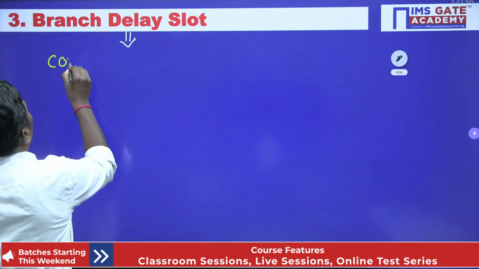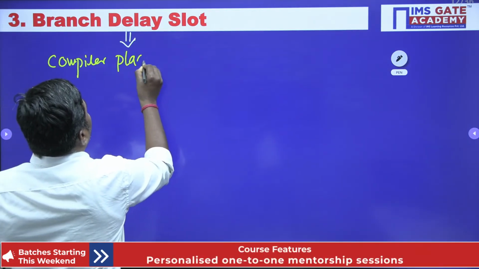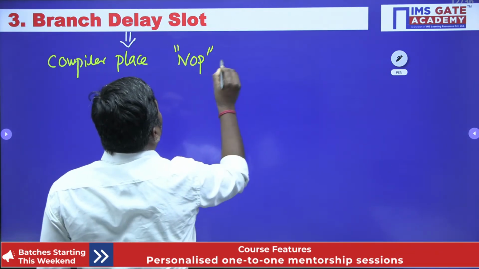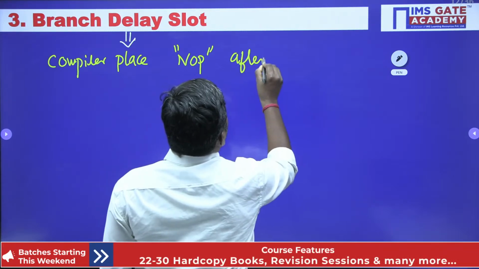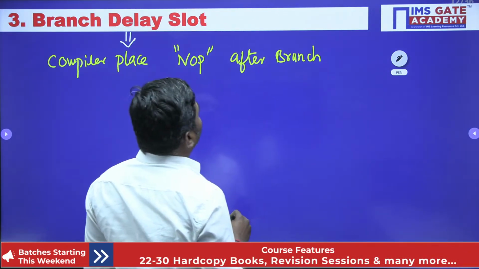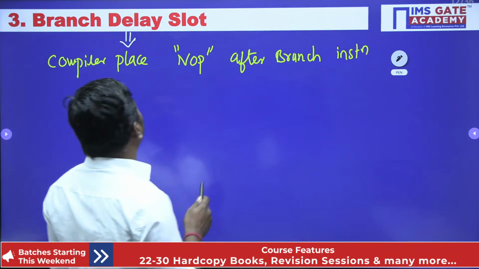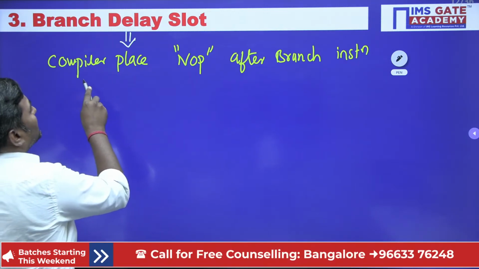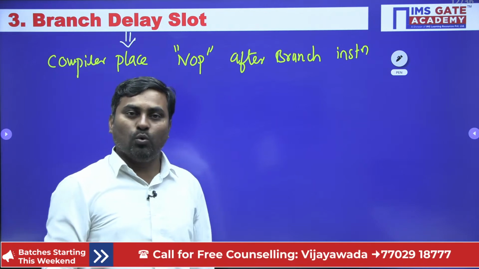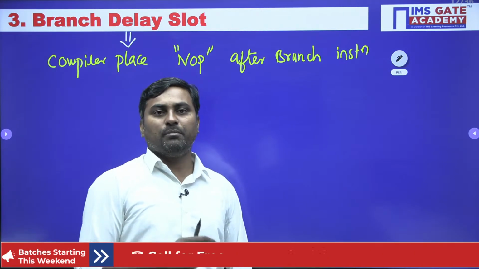The compiler places the NOP instruction after the branch instruction, either conditional or unconditional. Placing the NOP instruction after a branch instruction is equivalent to fetching an instruction and flushing it out from the pipeline, both are the same.